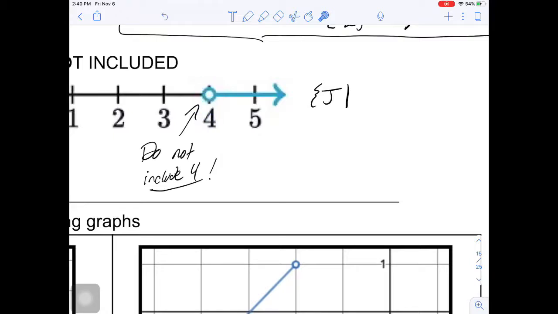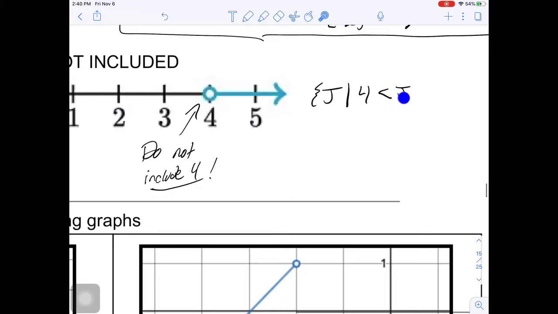Well, let's start at 4 here. J can be greater than 4, right? Because we're going all the way past 4. So J is greater than 4, right? 4 is smaller than J. That's what this says. So that means J is greater than 4.